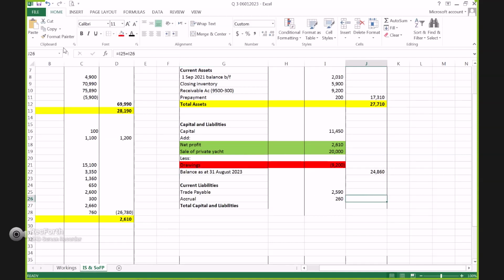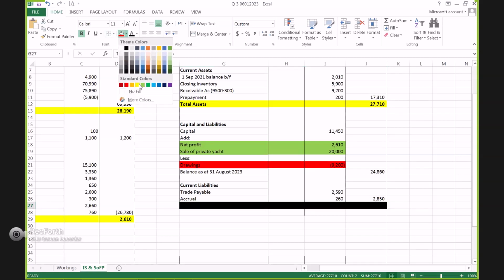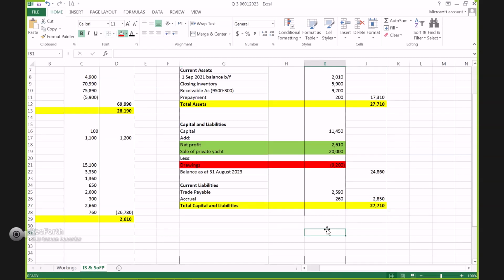And also total current liabilities are 2,850. Therefore, total capital and liability 27,710. Okay, so now total assets equal total capital and liability. So it is done.